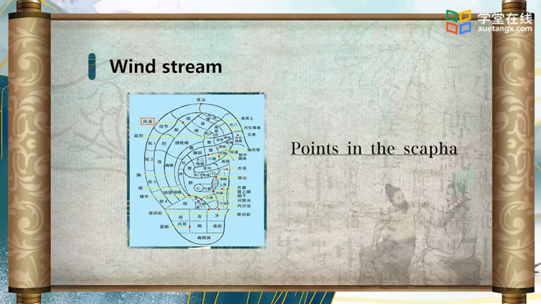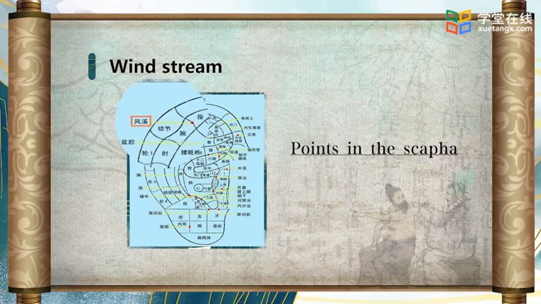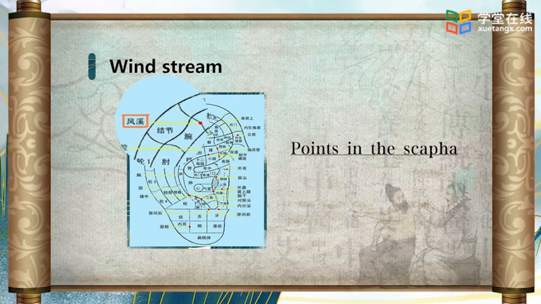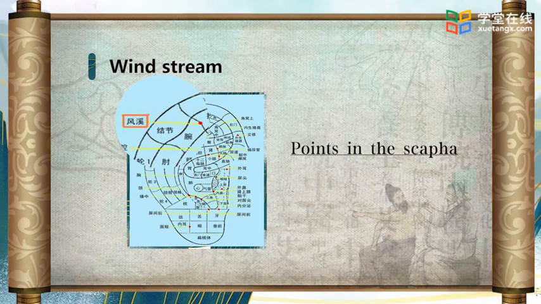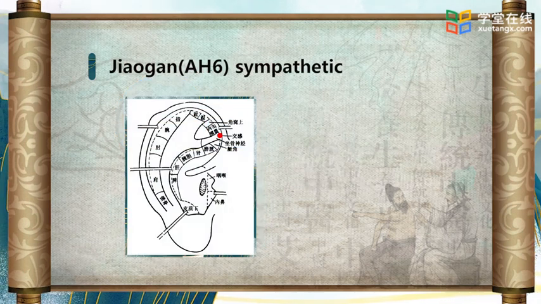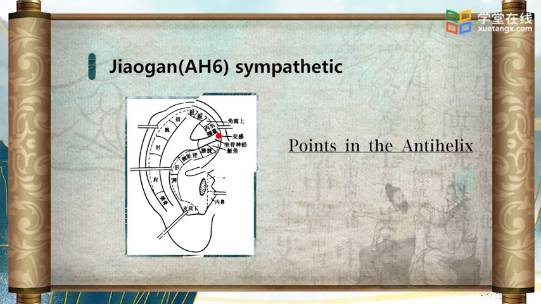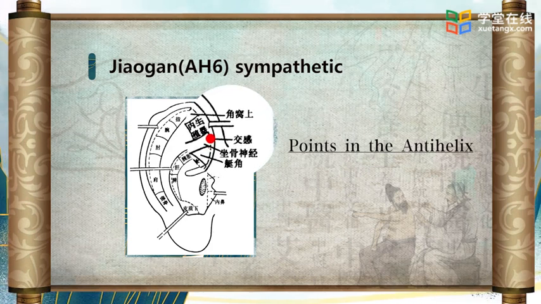The next point belongs to the scaphoid area. It is located anterior to the helix tubercle at the junction of scaphoid 1 and scaphoid 2. It can treat allergies and asthma in clinic. 交感, the English name is sympathetic, which is at the antihelix.